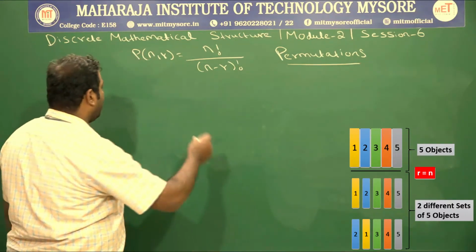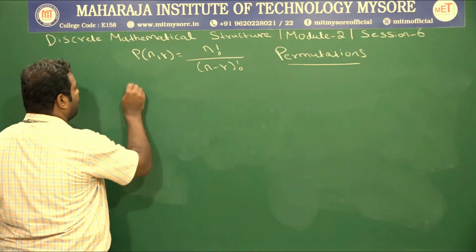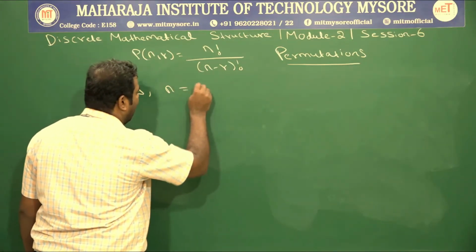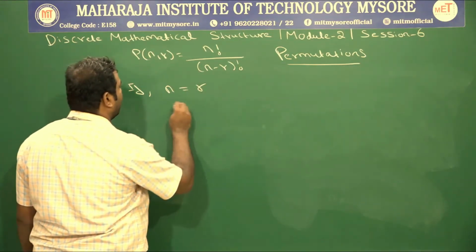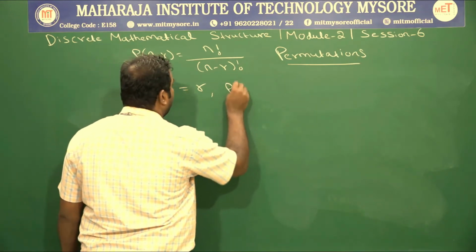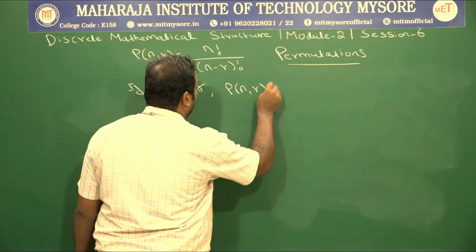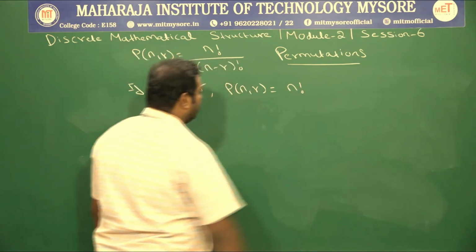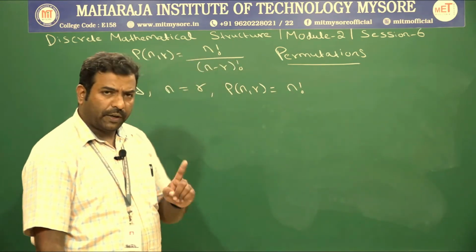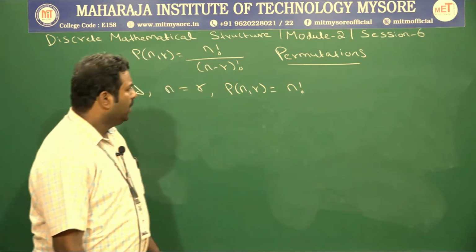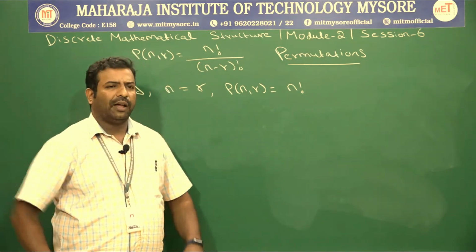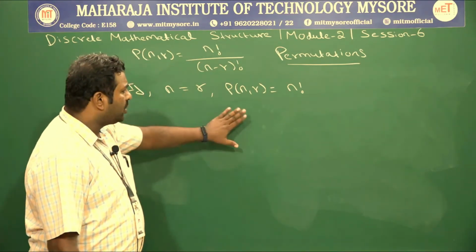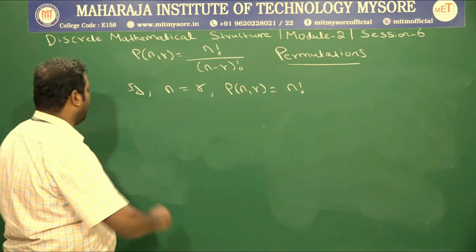That is, whenever n equals r, then P of n comma r is equivalent to n factorial. So do remember this equation. I'll give an example of how this should be used in a few minutes.